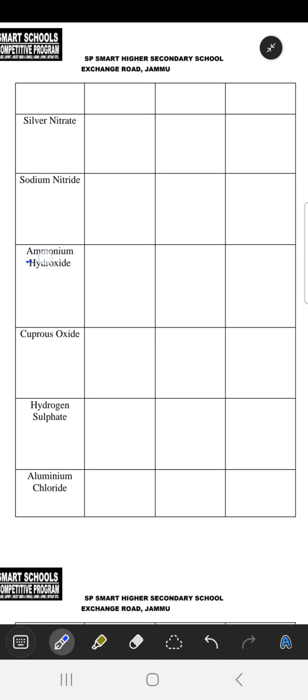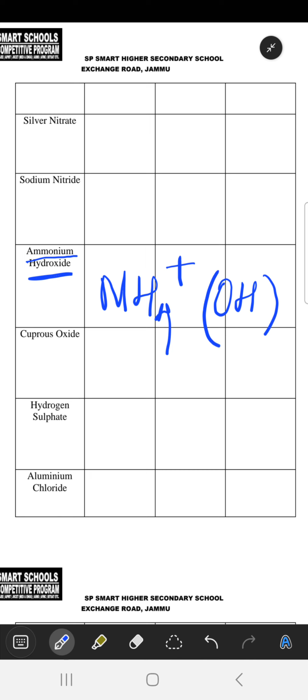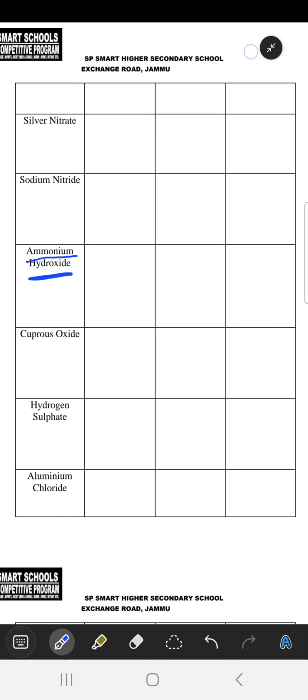Next we have ammonium hydroxide. For the ammonium we have NH4 positive ion, and for the hydroxide we have OH negative ion. Combining these two, what we get is NH4OH, which is called ammonium hydroxide.